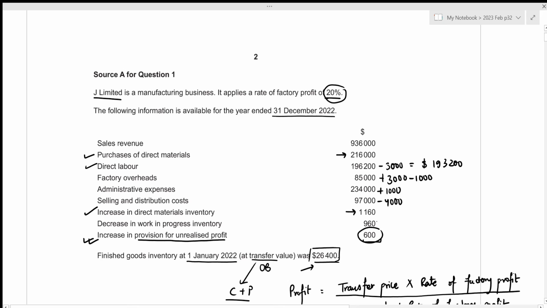And always remember that closing inventories are subtracted, and if there is an increment in the direct materials inventory, this amount should also be subtracted in order to figure out our total direct materials. So the total direct materials consumed is just going to be 216,000, which was what we purchased. Then we are just going to subtract the increment amount, and this results in the direct materials consumed to have 214,840. So let's start with this amount.